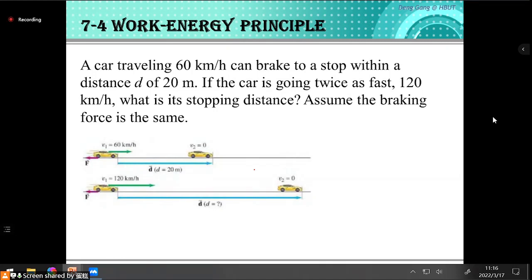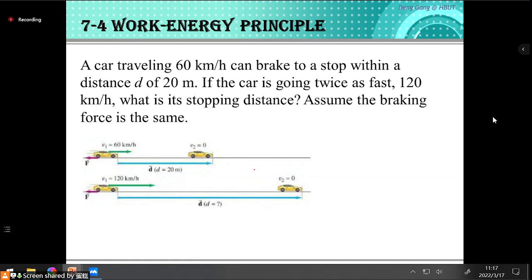So if the braking force is the same, and we can treat it as a constant force, the work done by this force should be equal to F times the distance.